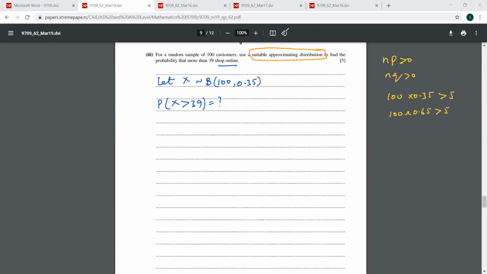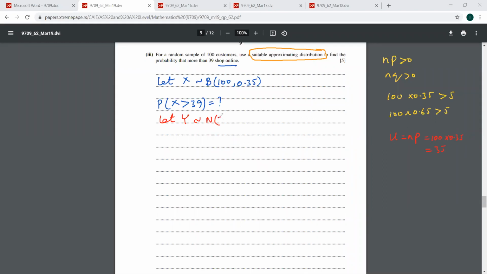So what we have to do next is arrange the parameters for that normal distribution that we want to bring in. So we'll say, let Y be normally distributed with mean. We know that the mean is np. So that is 100 times 0.35, and that is 35.